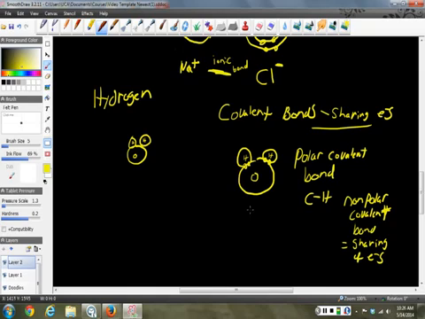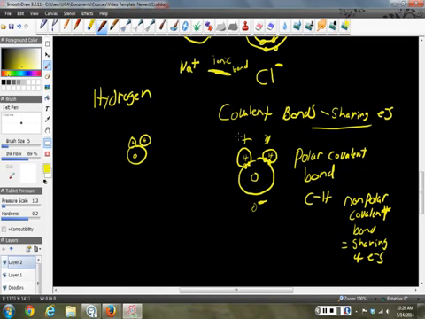I have a hard time drawing the sigma shape, but it is more negatively charged than the hydrogen, which is going to be more positively charged.